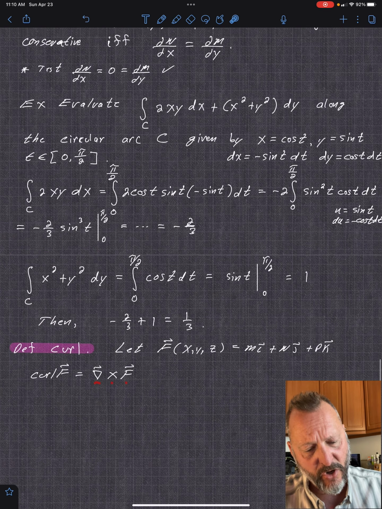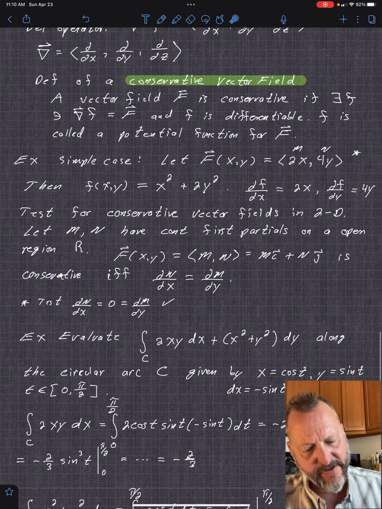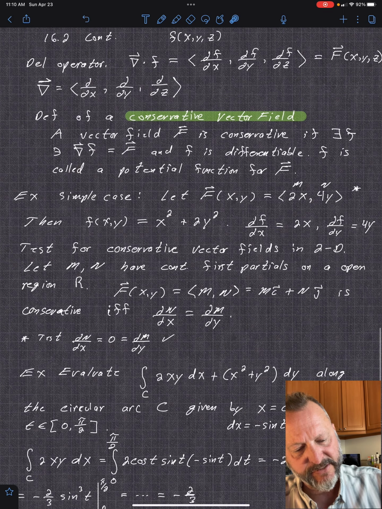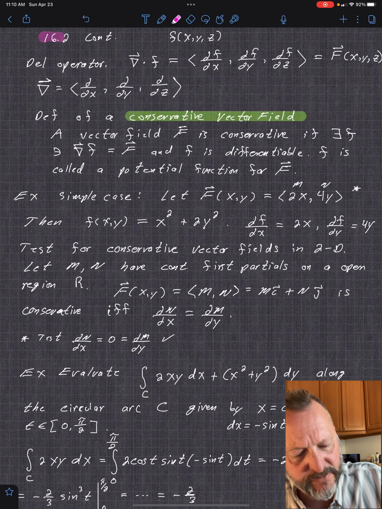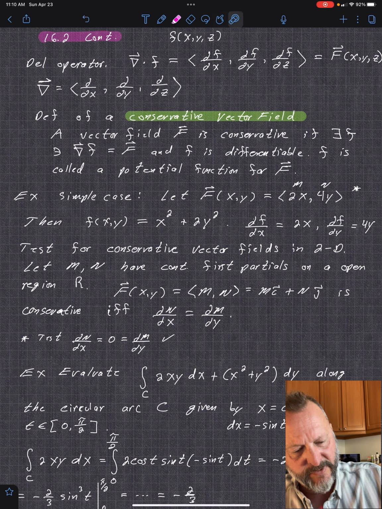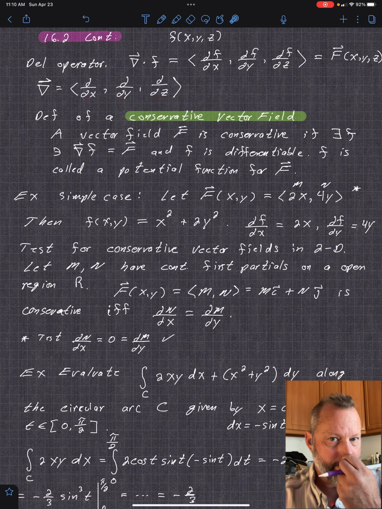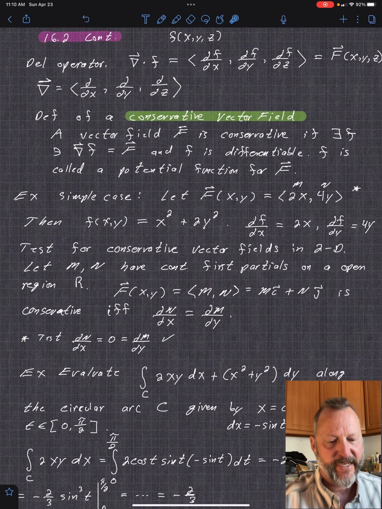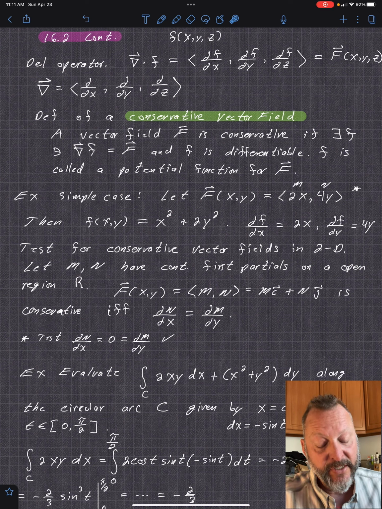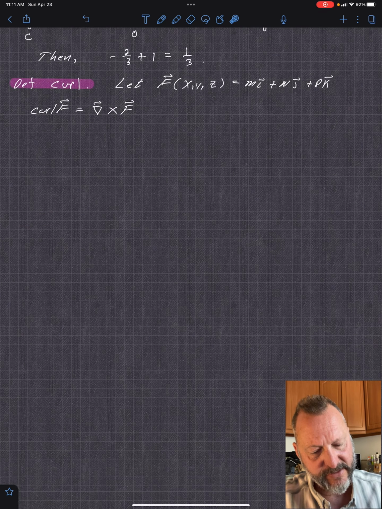So if you recall, back here, here's 16.2 continued. The del operator, and I put a little vector here to remind us that it's in that vector form, you can treat it like an operation. So if you do a cross product and treat it like a vector, then you get this.